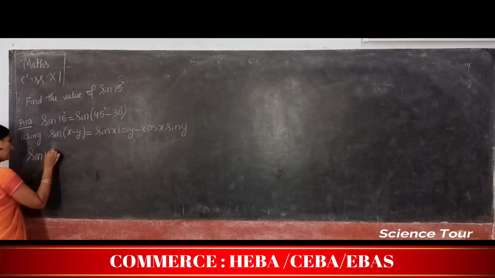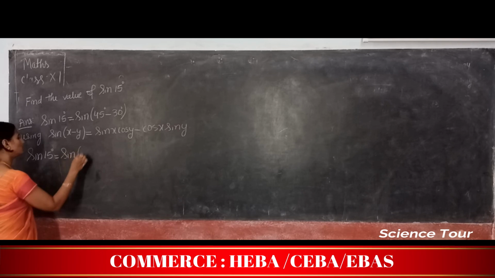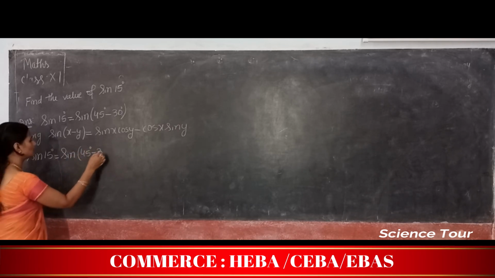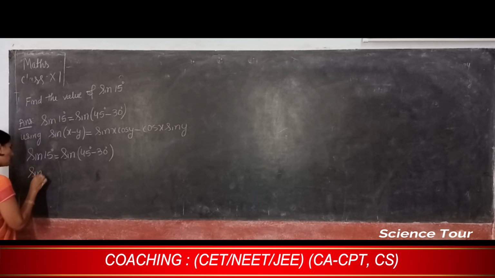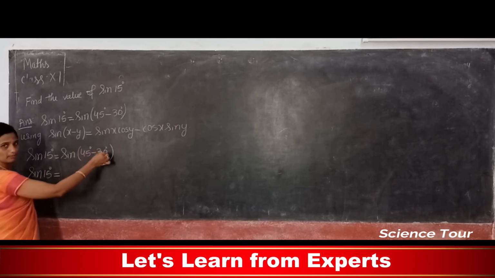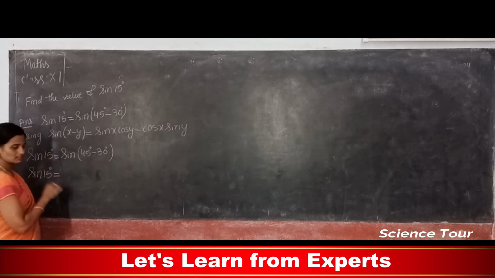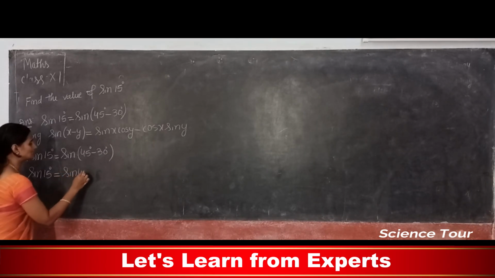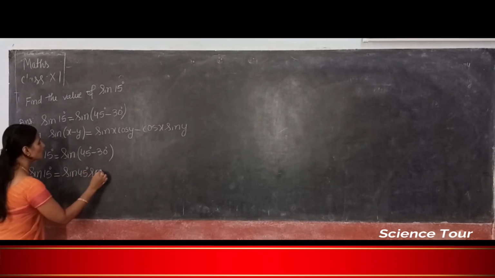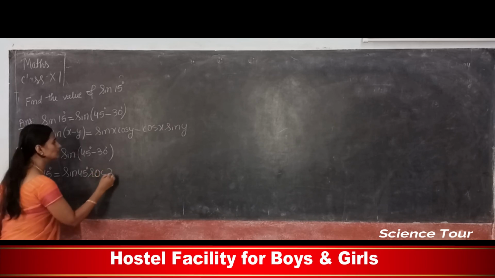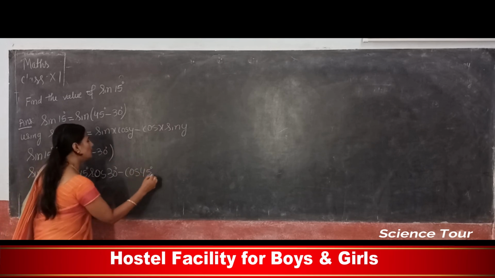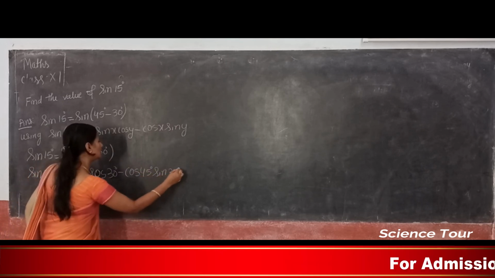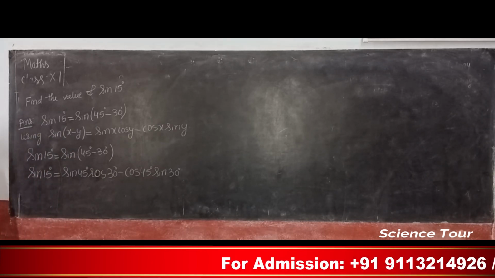Sin 15 degrees is equal to sin of 45 minus 30 degrees, which is sin 45 into cos 30 degrees minus cos 45 into sin 30 degrees.